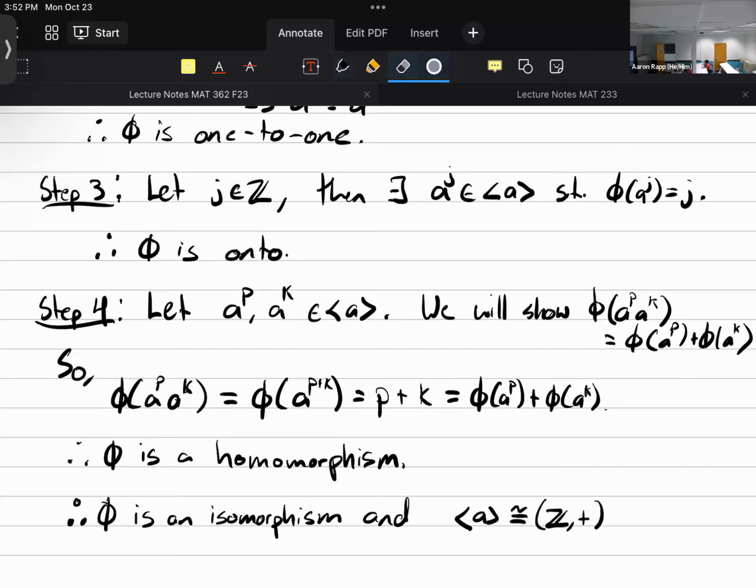We get that our cyclic group generated by a single element that has infinite order is really just your set of integers in disguise.